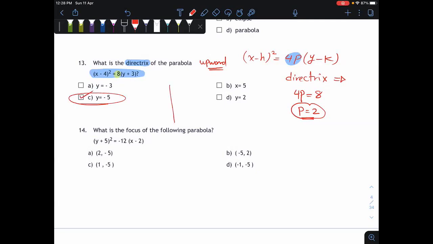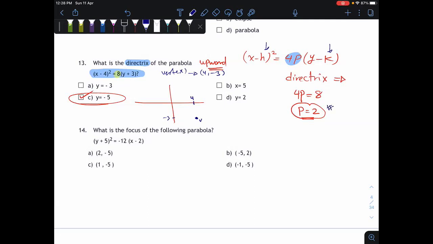Again, to graph this parabola, we start by plotting our center, our vertex. The vertex is at h and k, which in this situation is (4, -3). So here's the 4 and the -3, and this is the vertex. To plot your focus, it depends on the value of p.